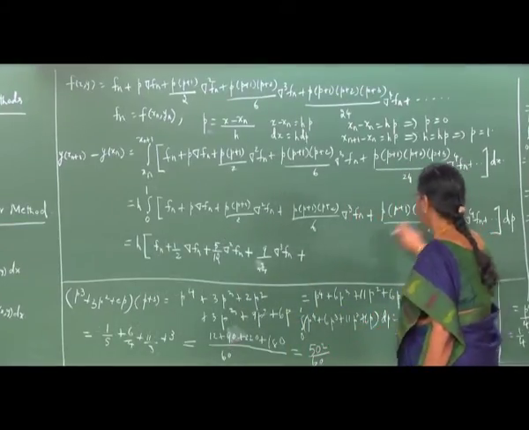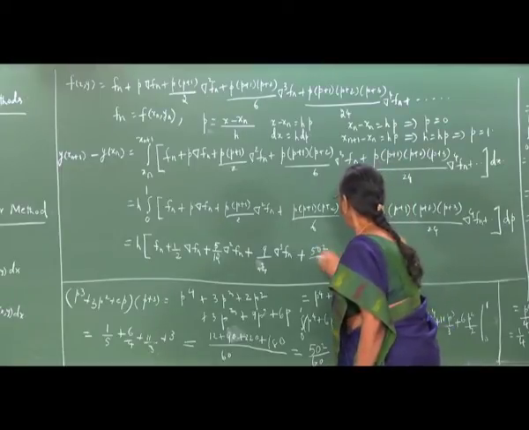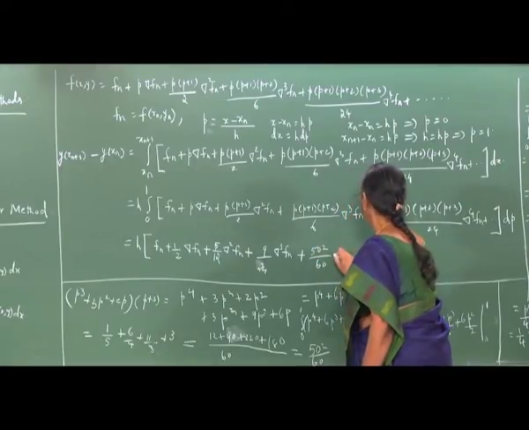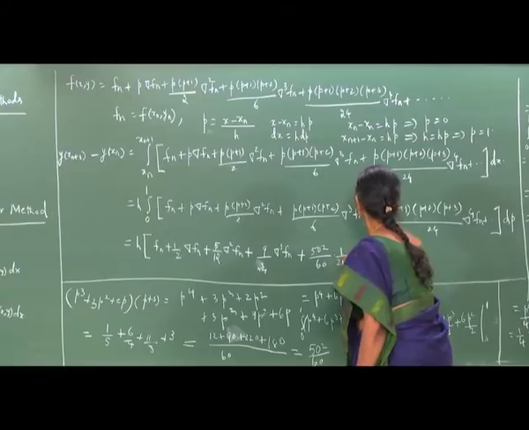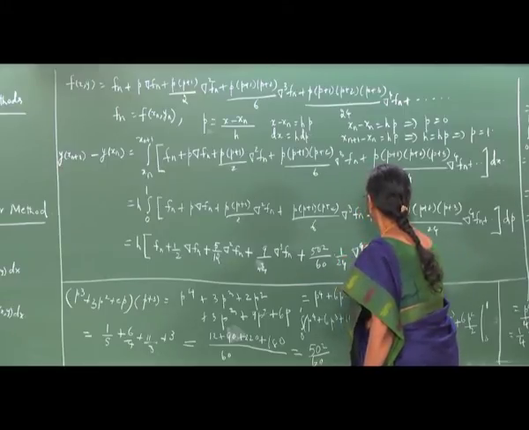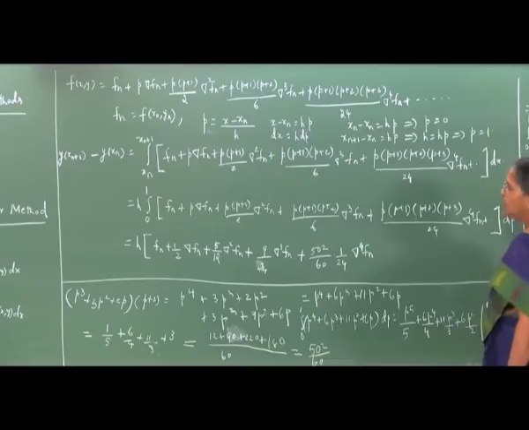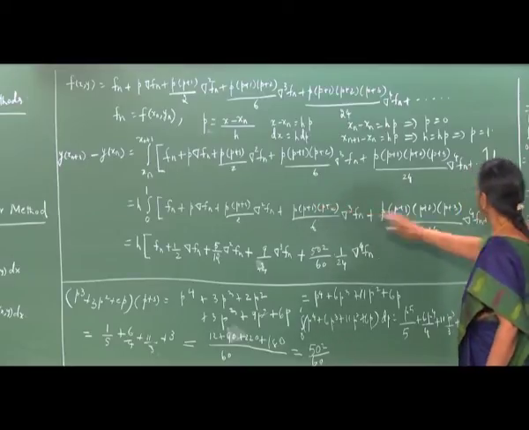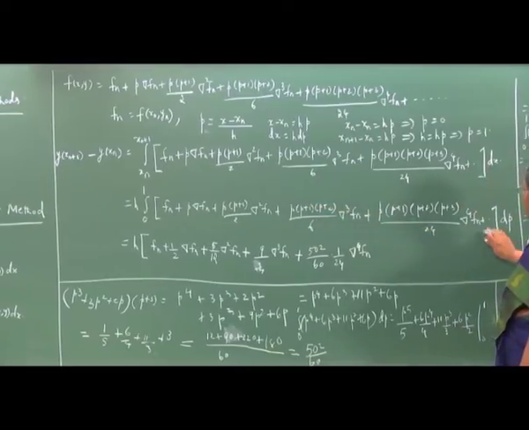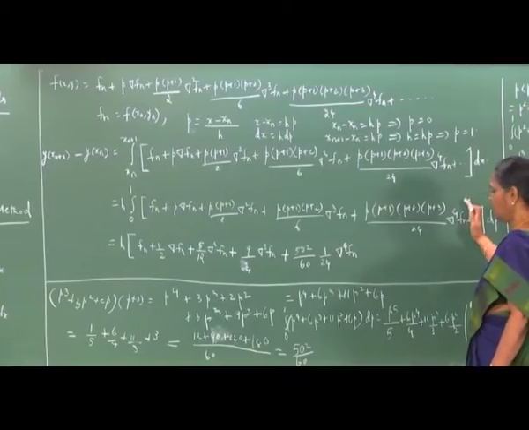So, I substitute here, that will give you 502 by 60 into 1 by 24 into del power 4 f_n. So, I shall truncate these terms here at this stage.